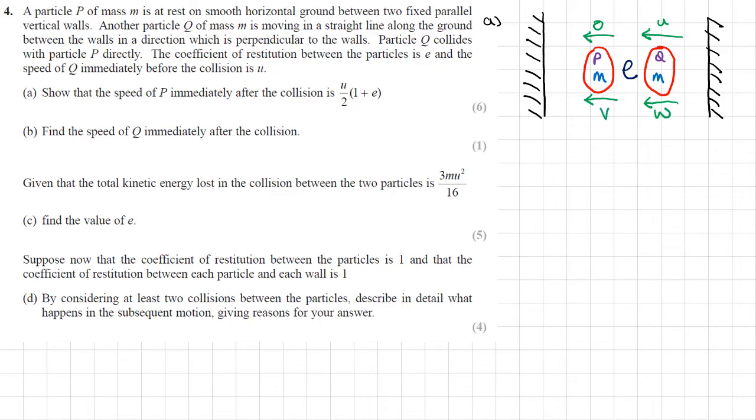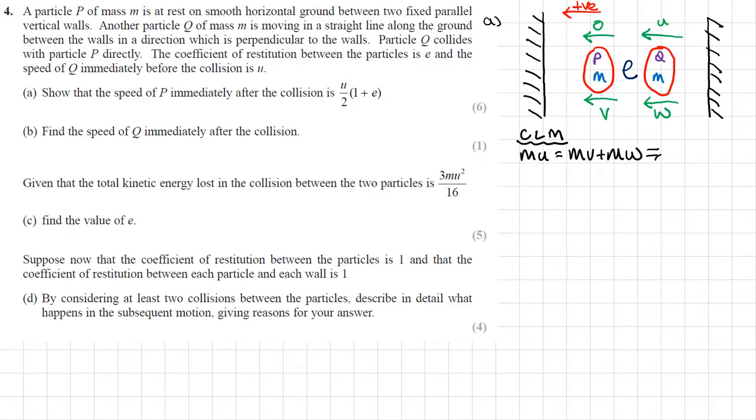So the first thing I'm going to start with is the conservation of linear momentum. I'm taking to the left as positive since everything's moving that way, so that will give me mu, that's the only momentum before the collision because P isn't moving, is equal to mv plus mw.